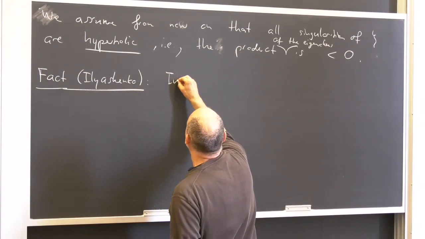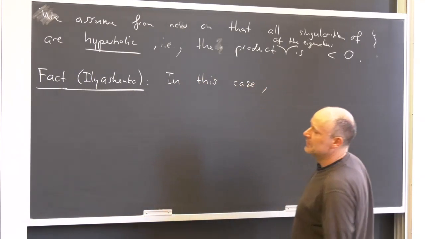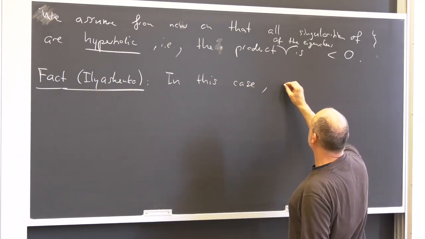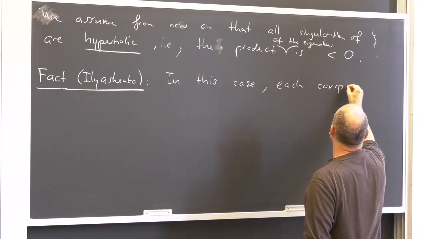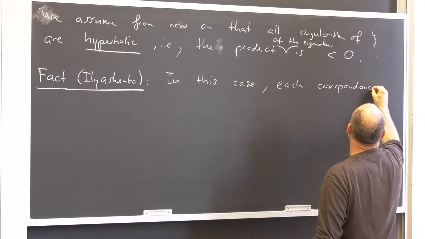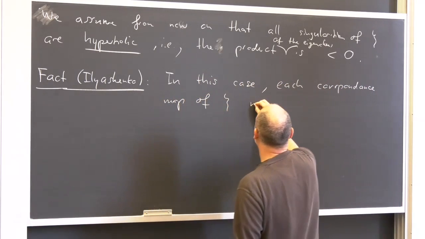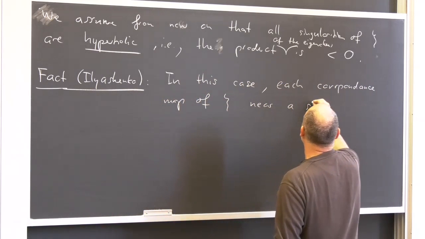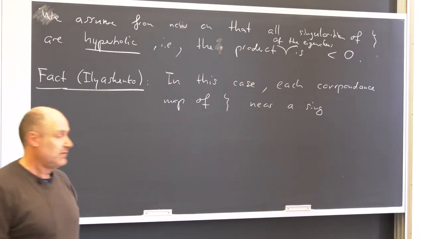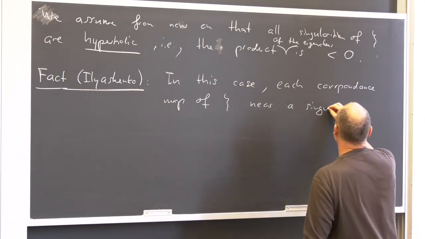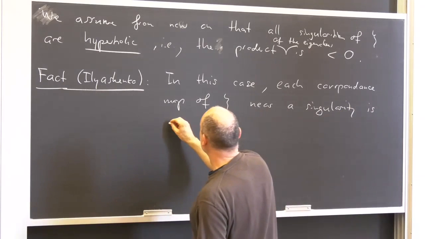So in this case, each correspondence map of C near a singularity, which I consider as a map from 0 epsilon to 0 delta, is what he calls almost regular.